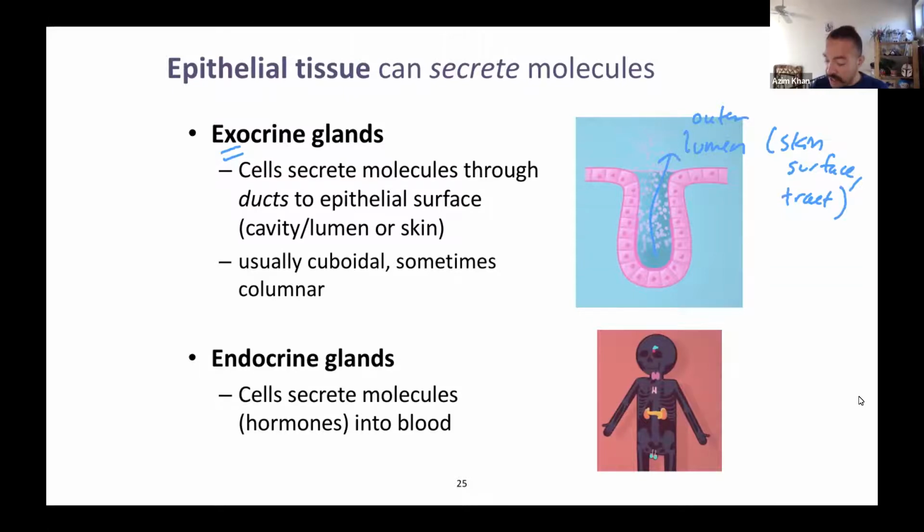Exocrine glands secrete through ducts to the surface of a cavity or lumen. Usually they're cuboidal, sometimes they're columnar, but usually cuboidal.